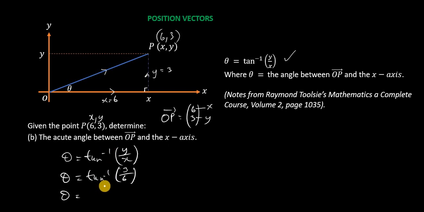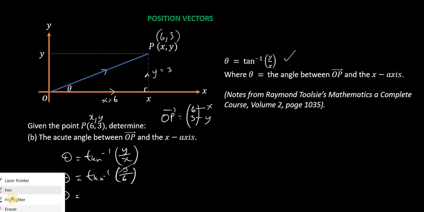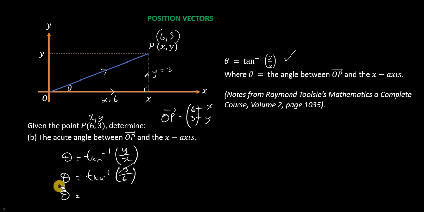Once you've seen that in the calculator, put open bracket if it's not there already, and then you're going to press 3 divided by 6, close bracket, equal. Now your calculator should be in degree mode. If you're not sure what I'm talking about in regards to this, then you would want to check out my videos as well in trigonometry using the calculator.